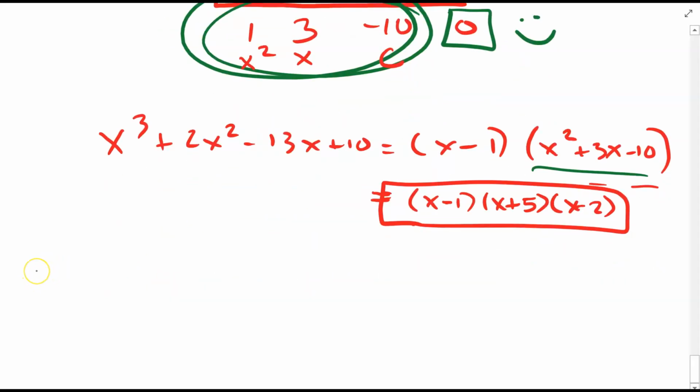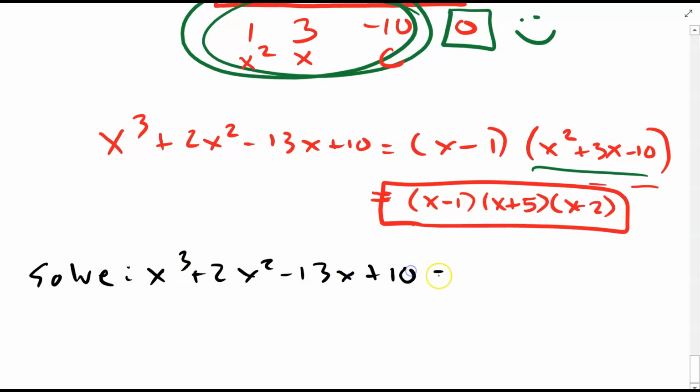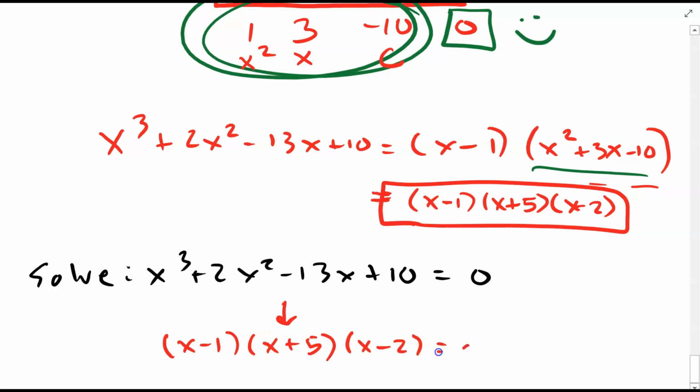What if I had then asked you to solve this problem? Well, we already know that it factors by the previous example.